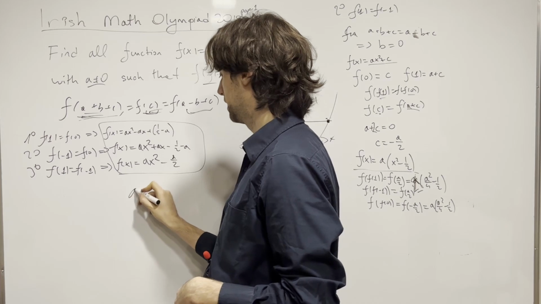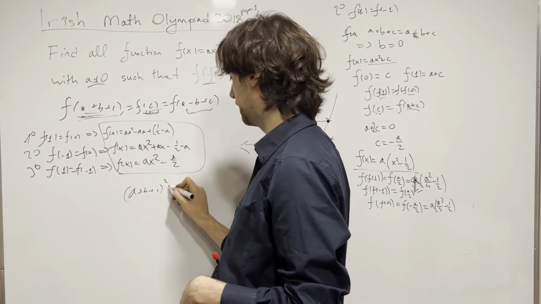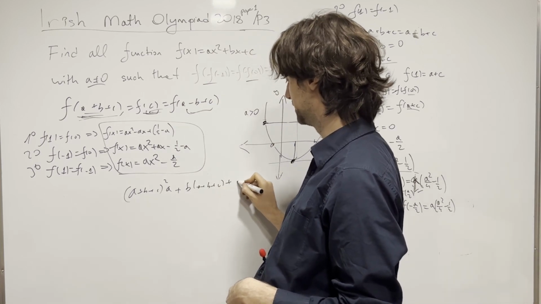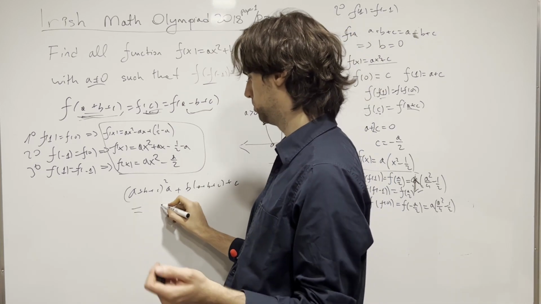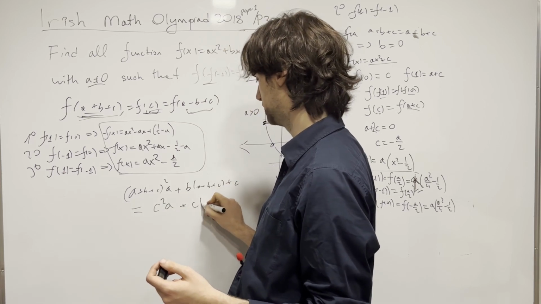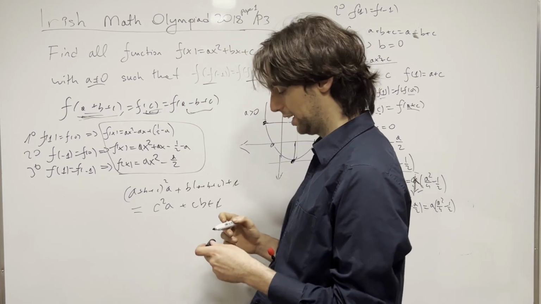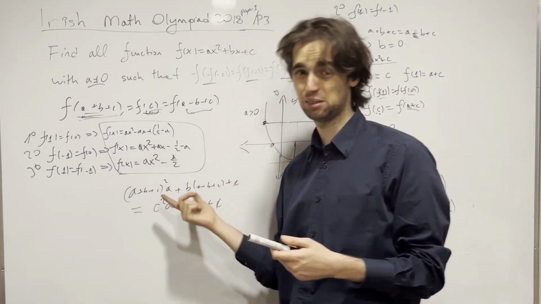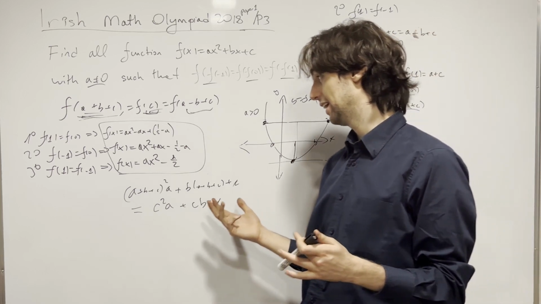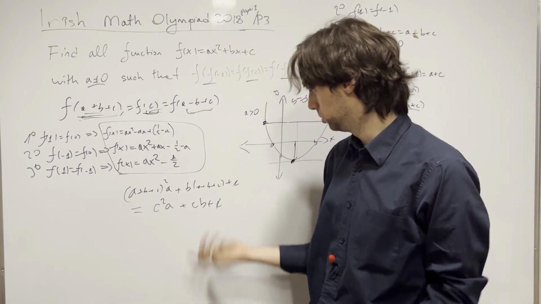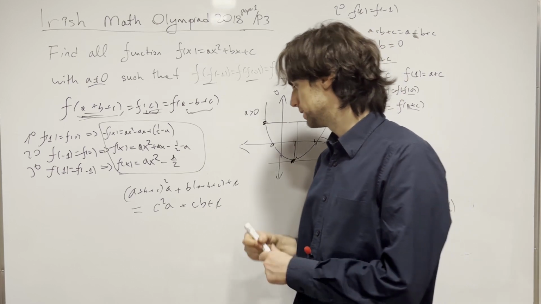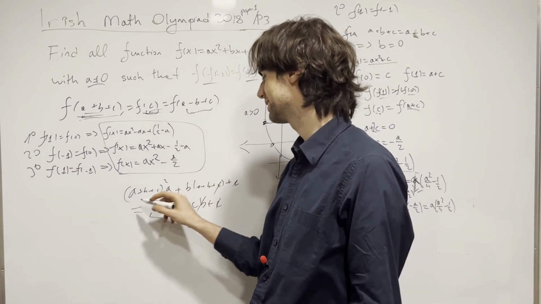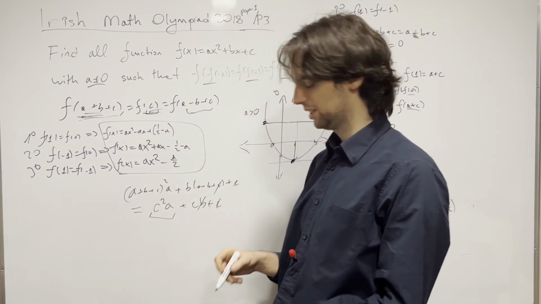I have A plus B plus C squared times A plus B times A plus B plus C needs to equal C squared A plus CB plus C. And now you do the algebra here, and you get this equation, and what you really need to do is factor this, right? Okay, CB cancels out, CB cancels out, C squared A will cancel out here as well.